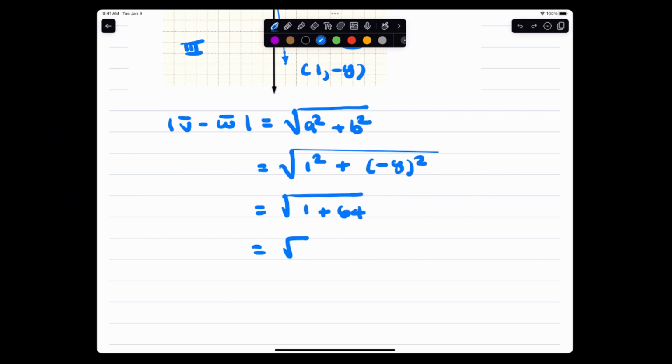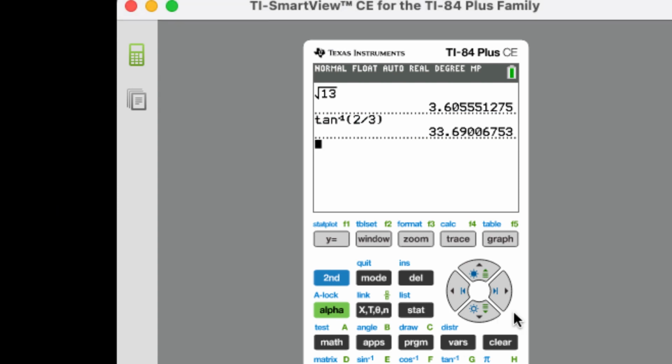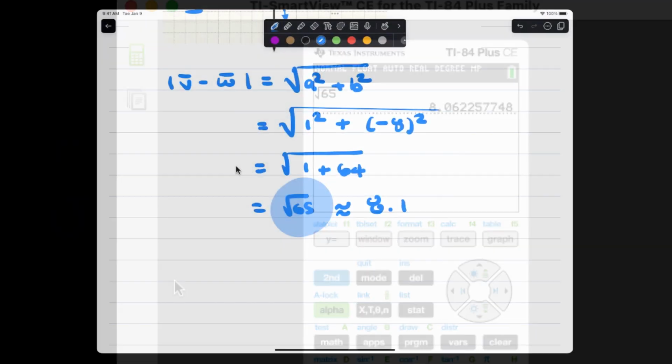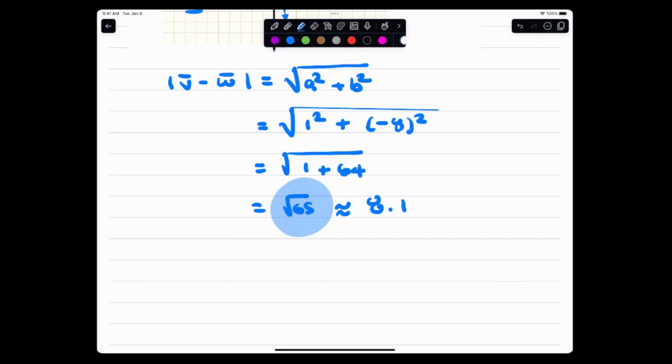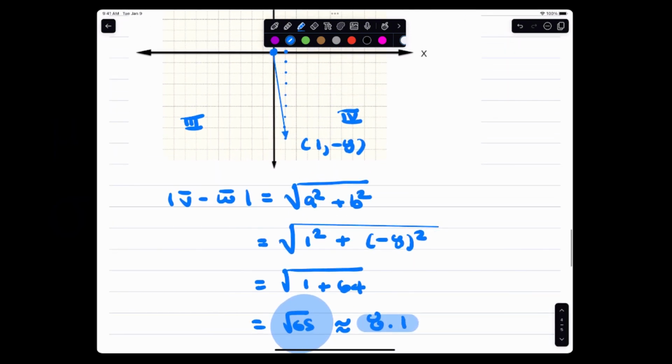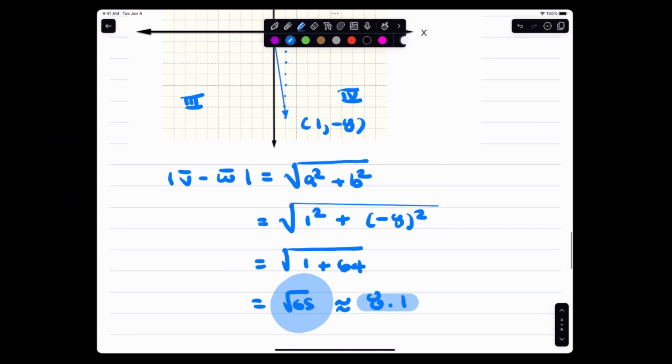Let me write that better. Let's see what this is approximated to the what? To the tenths. Square root of what? 65. What do you get? 8.1. Is it true? So your vector is about 8.1. Okay, this is your what? This is the magnitude. You guys okay with that?